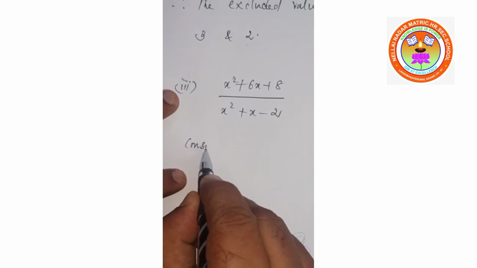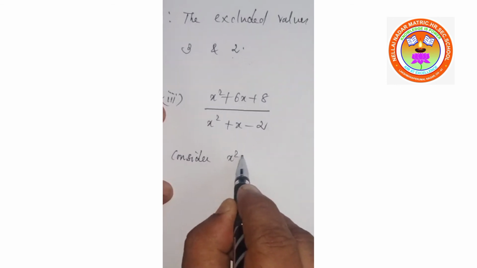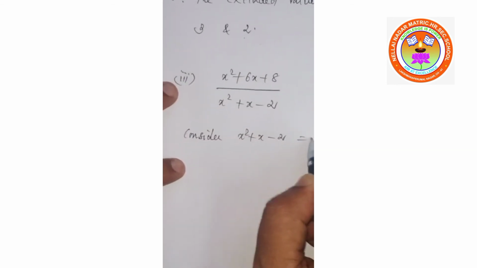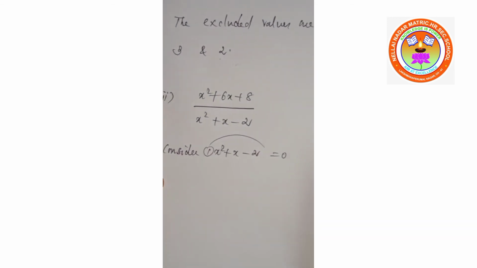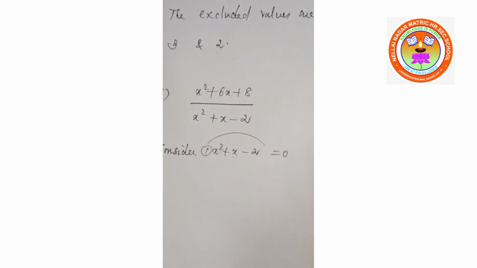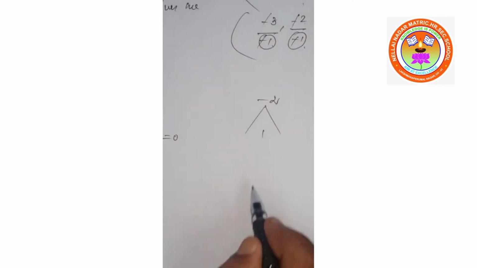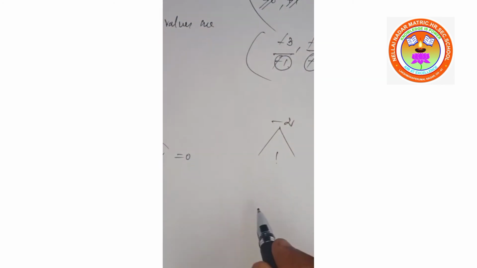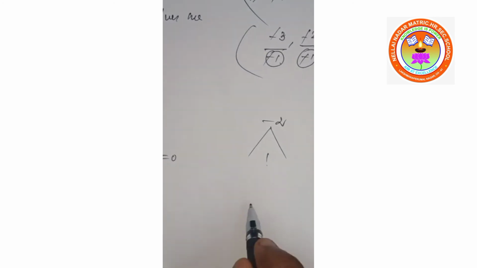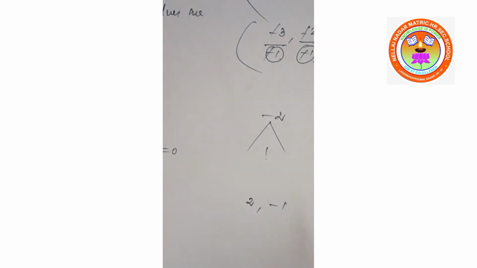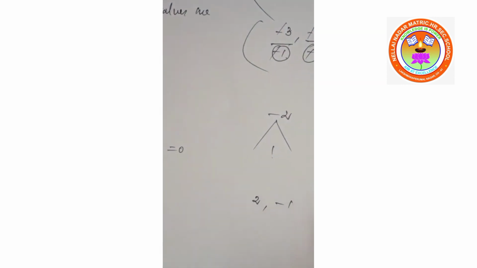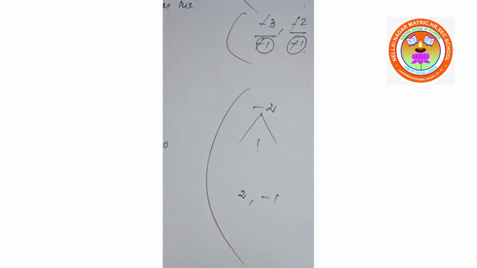Consider x squared plus x minus 2 equals 0. 1 into minus 2, coefficient of x equals 1. Product minus 2, sum 1, the two numbers are 2 and minus 1. 2 minus 1, that is equal to 1. 2 into minus 1, that is equal to minus 2.